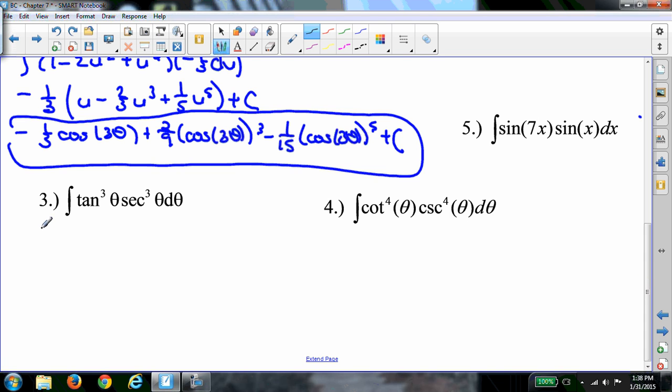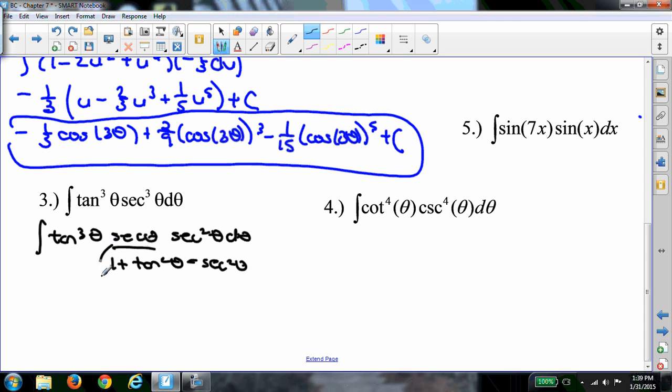For example, if we try to let this equal secant squared, let's say. So we have a tangent 3 theta, we have a secant theta, and then we have a secant squared theta d theta. So then our task will be to rewrite this in terms of tangents. But the identity is 1 plus tangent squared equals secant squared.